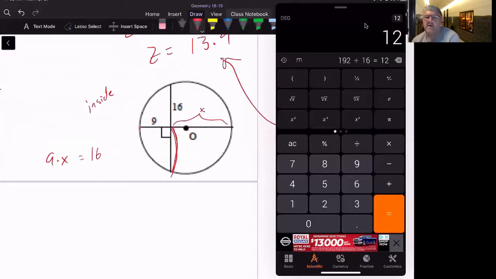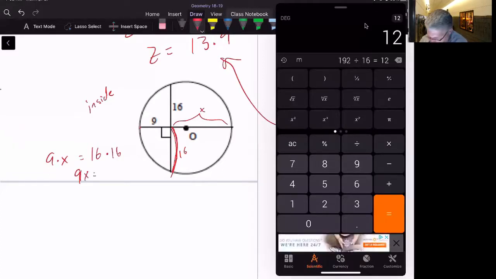If you remember, if a diameter is perpendicular to a chord, it bisects the chord. So this piece is 16 as well. So we get 9 times X equals 16 times 16, or just 9X equals 16 squared, which is 256.